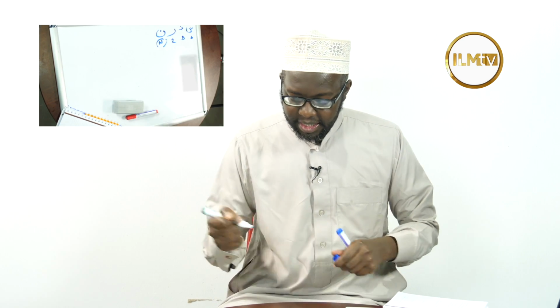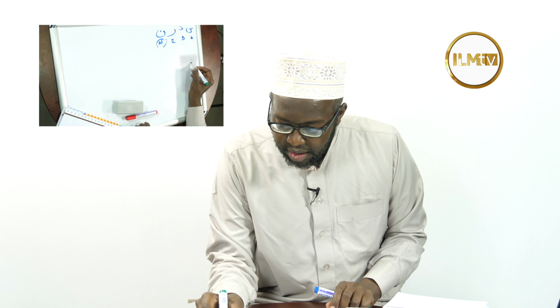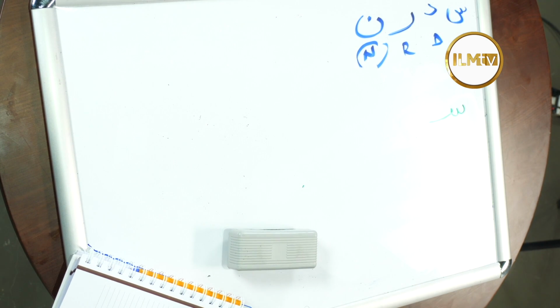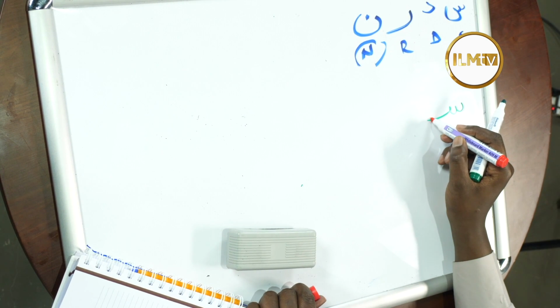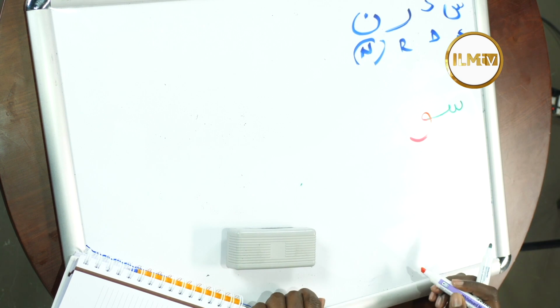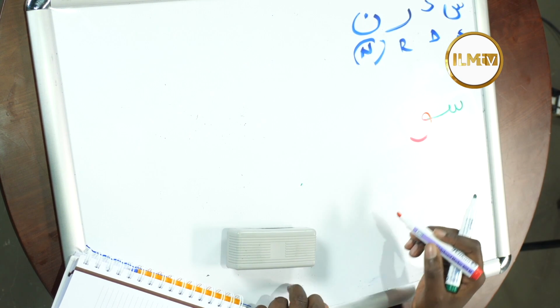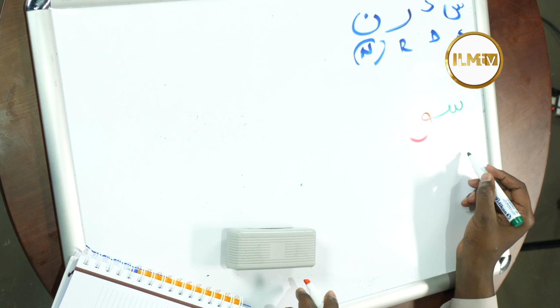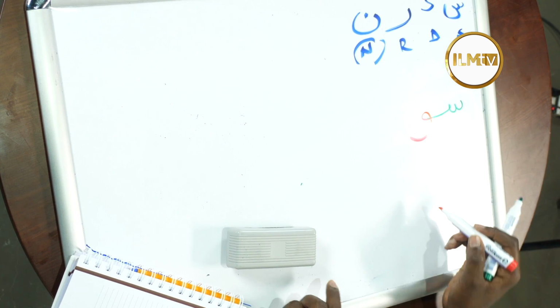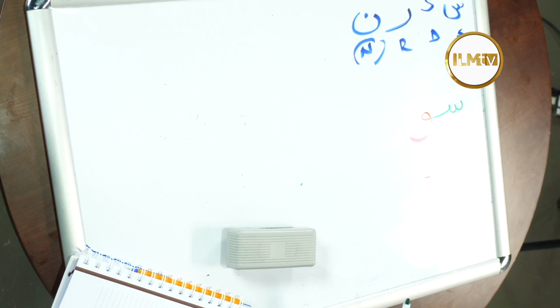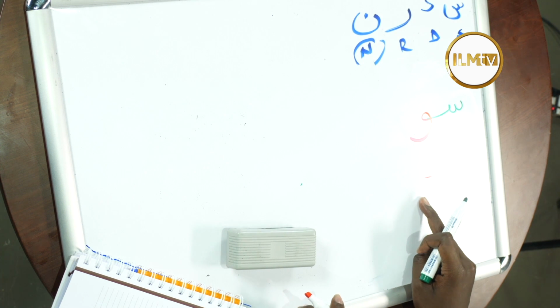So now, we use this vowel with these letters. We can have S, then we write U at the end. It becomes Su. Then you can have a D and U, it becomes Do.